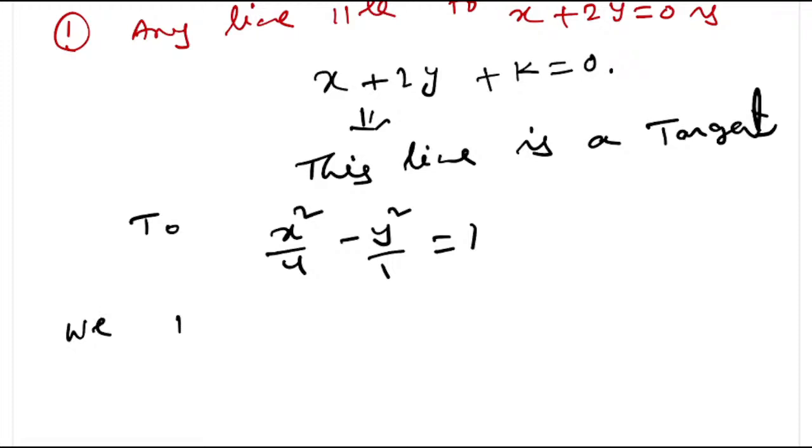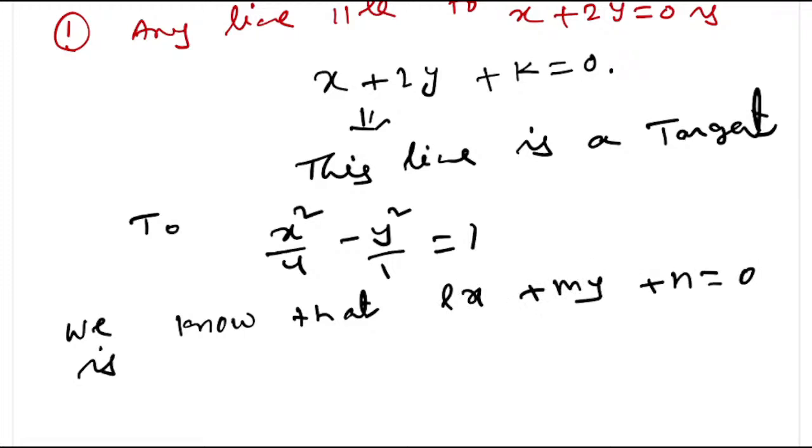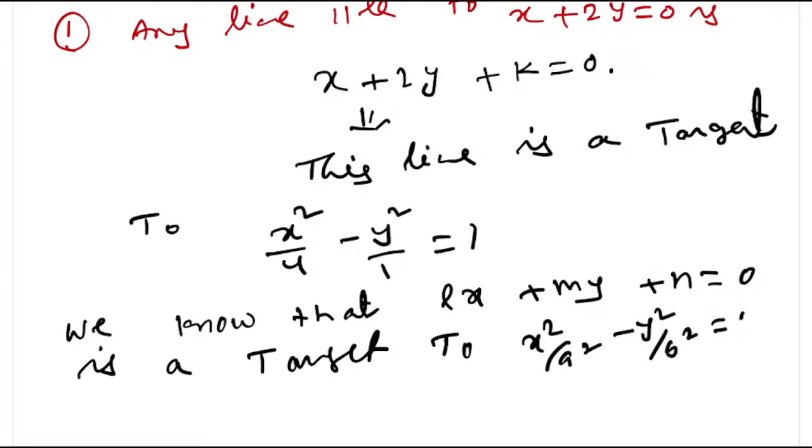We know that lx plus my plus n equal to 0 is a tangent to x square by a square minus y square by b square equal to 1, then a square l square minus b square m square is equal to n square.